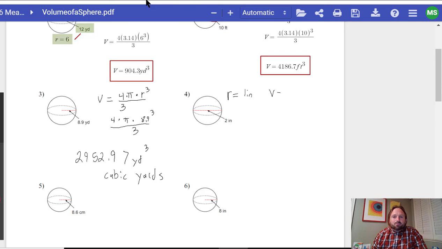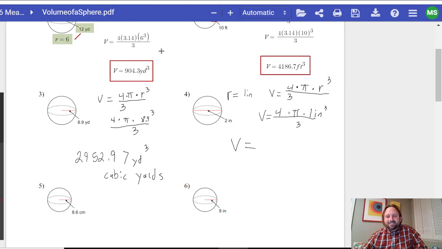Now the volume is equal to 4/3 pi times the radius cubed. 1 inch times 1 inch times 1 inch will give us 1 cubic inch times pi times 4 divided by 3. Now I'll know what my volume is because I'm going to use my what tool?